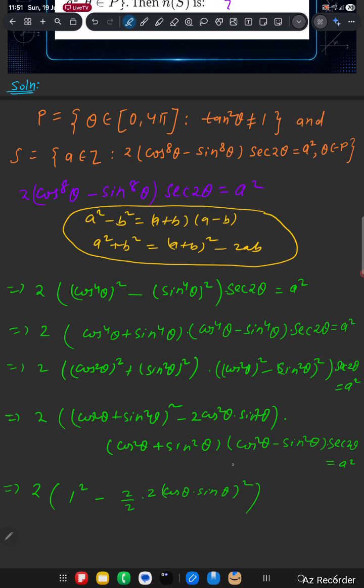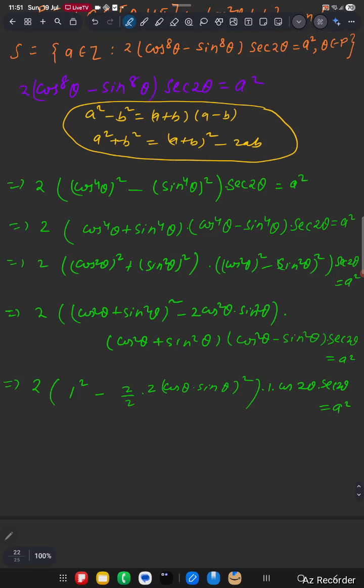And this one gives you cos square theta plus sin square theta, which is 1, and cos square theta minus sin square theta gives you cos 2 theta, into sec 2 theta, equal to a square. This is equal to twice of 1 minus 1 by 2 into 2 sin theta cos theta whole square, and cos theta into sec theta will give you 1, so the whole term becomes into 1 equal to a square.